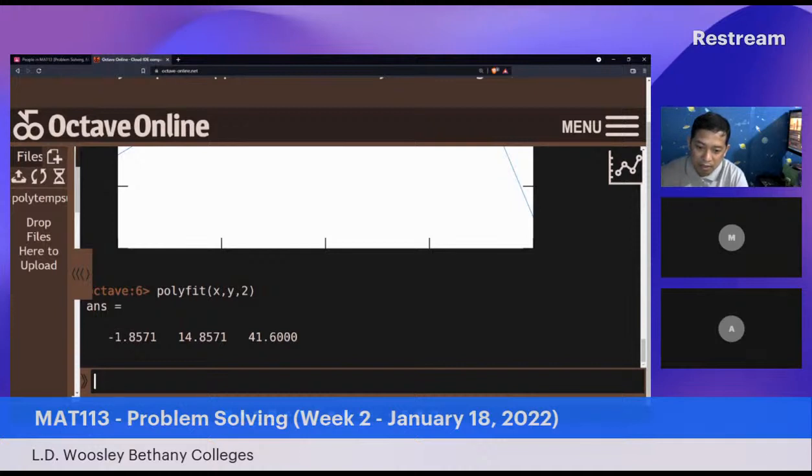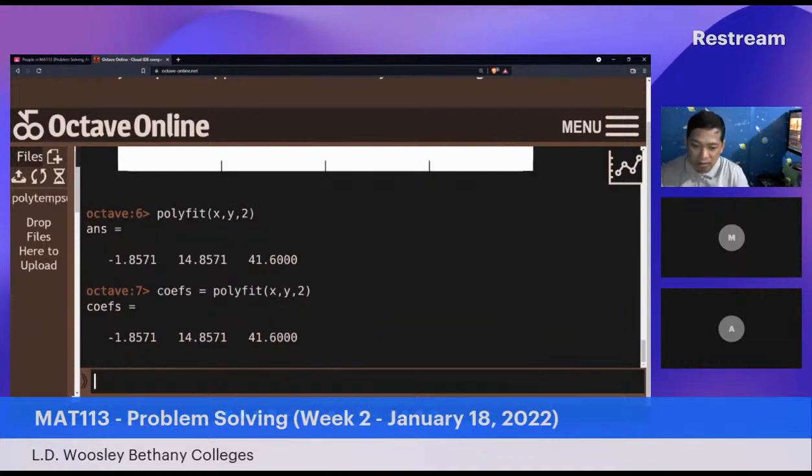No? And then another thing is we have the polyval or evaluation. So if we have here, tuloy lang natin. Coefficients, coefs is equal to polyfit, because we're trying to fit the values of x and y into first or second degree.